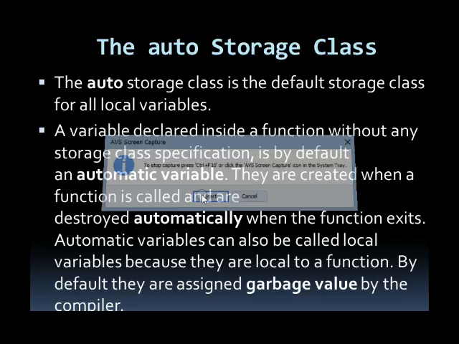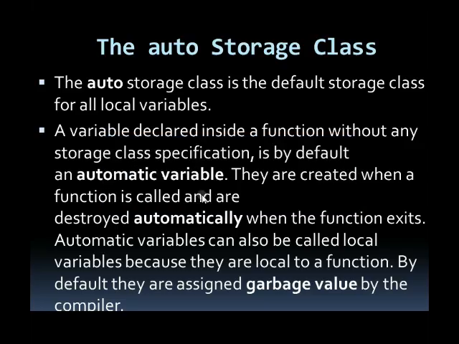Every time a variable is declared, it is assigned a garbage value by default. So this is a brief explanation of the auto storage class. Auto storage class is the default storage class; a variable declared inside a function without any storage class specification is called an automatic variable. These automatic variables are created when a function is called and destroyed automatically when a function exits. This automatic creation and destruction relates to scope.